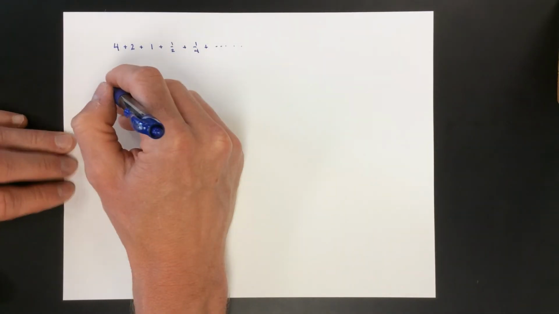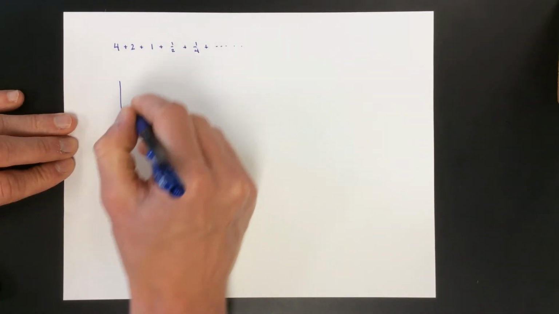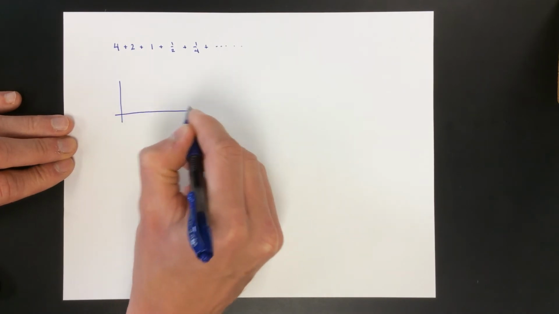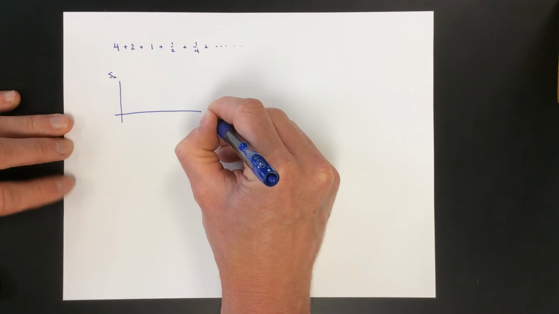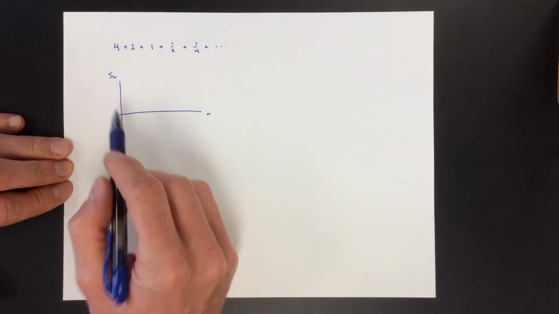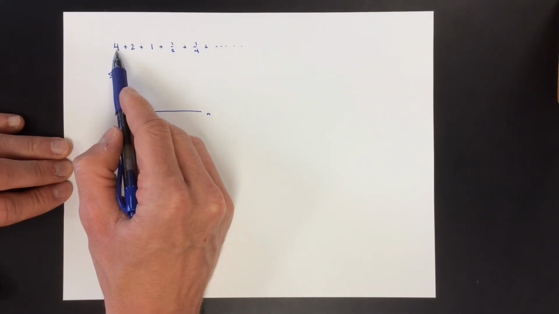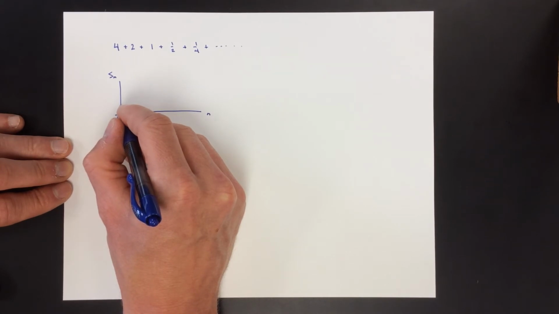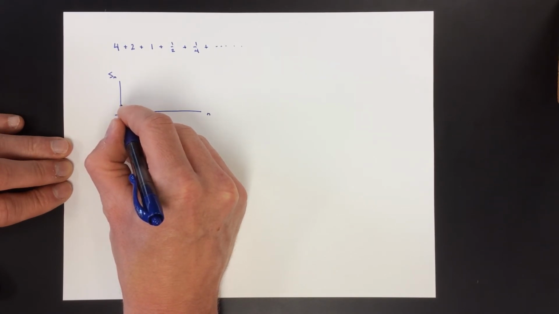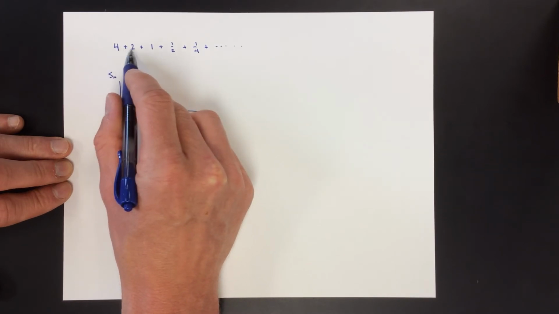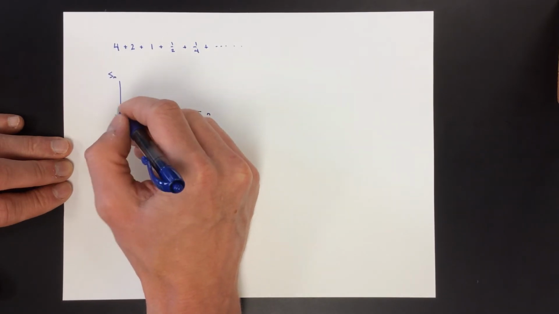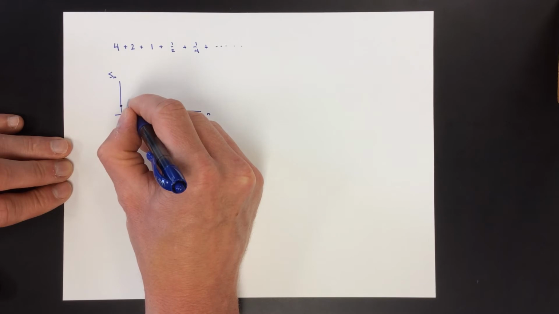If you look at a graph of the partial sums as a function of n, when the 0th partial sum, meaning I started at 4, that'd be 4. And then if I let n equal 1, meaning I'm looking at the first two terms, I get 6. So instead of 4, I'm up to 6 now.